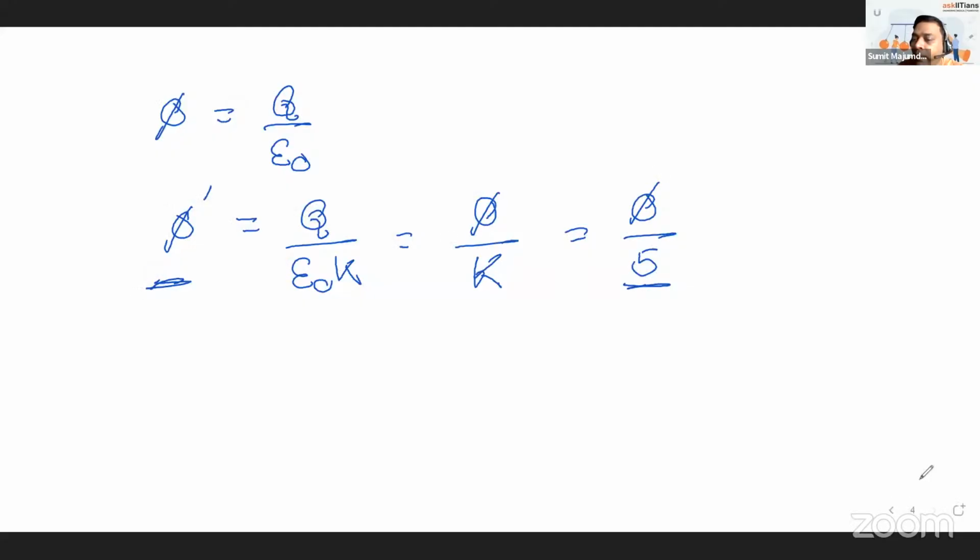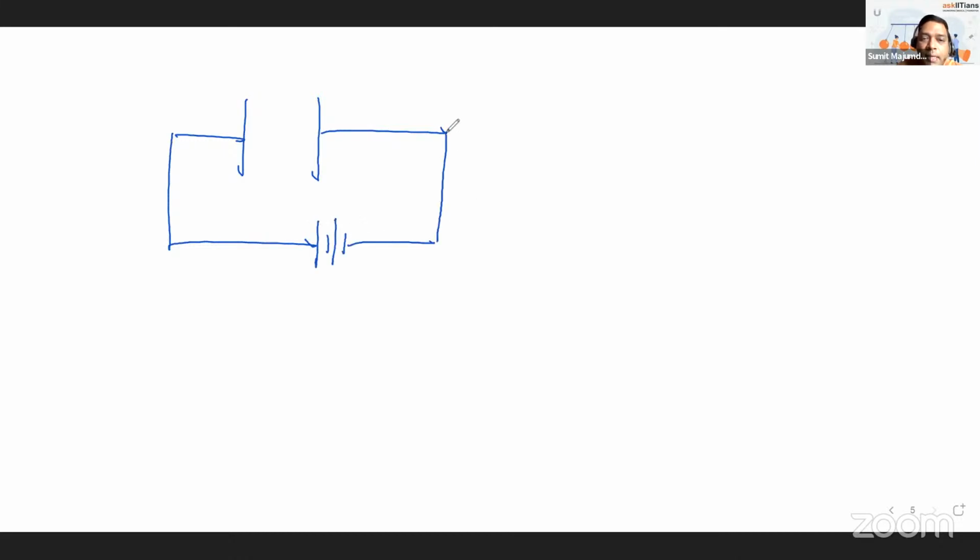So when we are talking about a parallel plate capacitor, right? A parallel plate capacitor is simply like this. What you do is connect the two ends across a battery. So there is a potential difference that you're introducing because of this, correct?